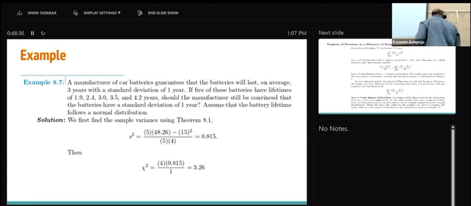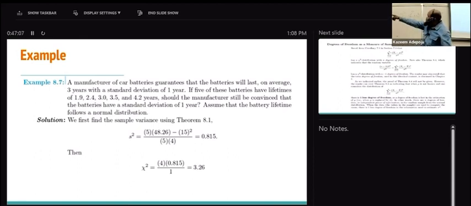What are you going to use to find the chi-square? Don't forget, your chi-square is this one. S squared is the sample variance that you first compute. Your population variance is what you pull here. Here I got 4, right? I got 5 minus 1.